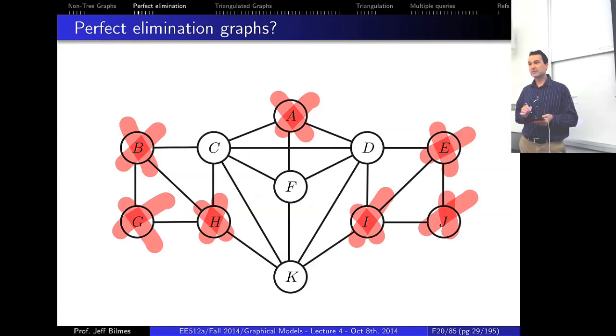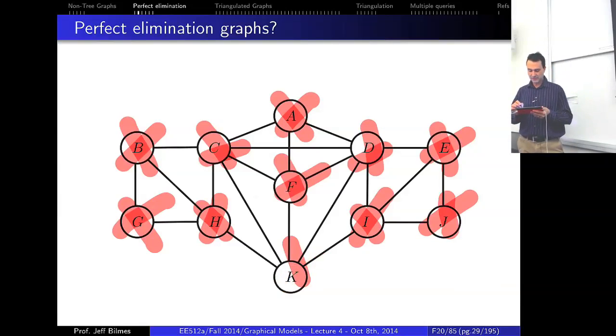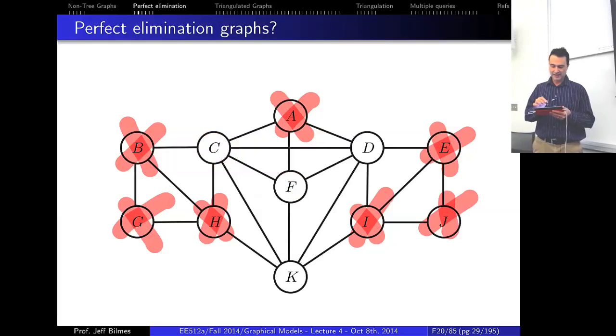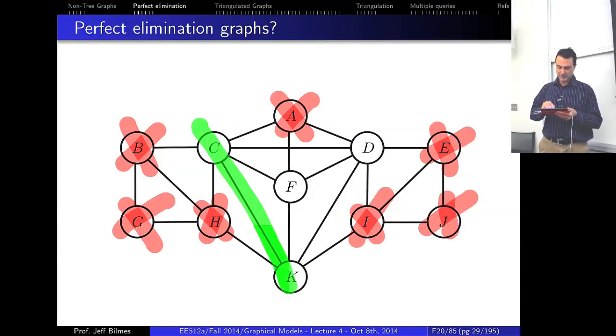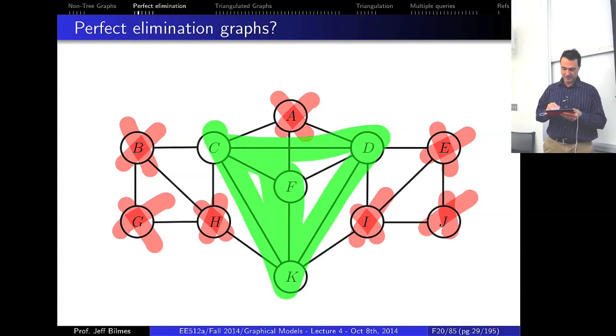And now what are we left with? A 4 clique. We can eliminate in any order we want. Doesn't matter. Right? It's a very disguised 4 clique. When you look at, you're going to see this, that depending on how we draw a graph, it can make it look like here's the 4 clique, right?